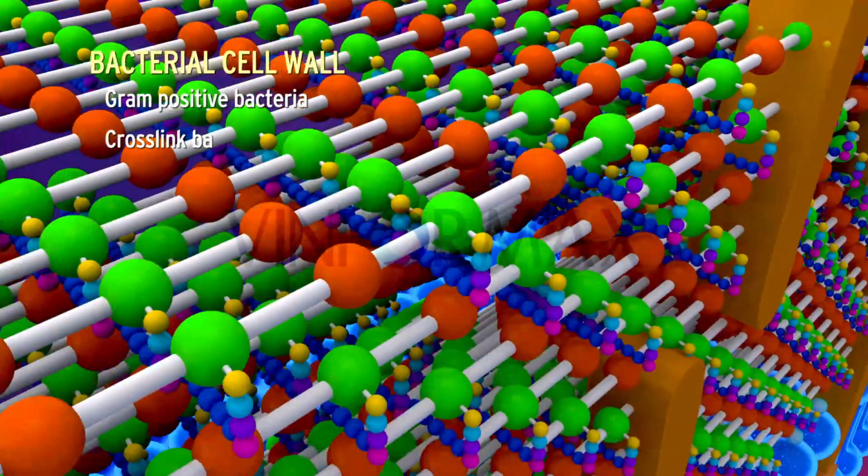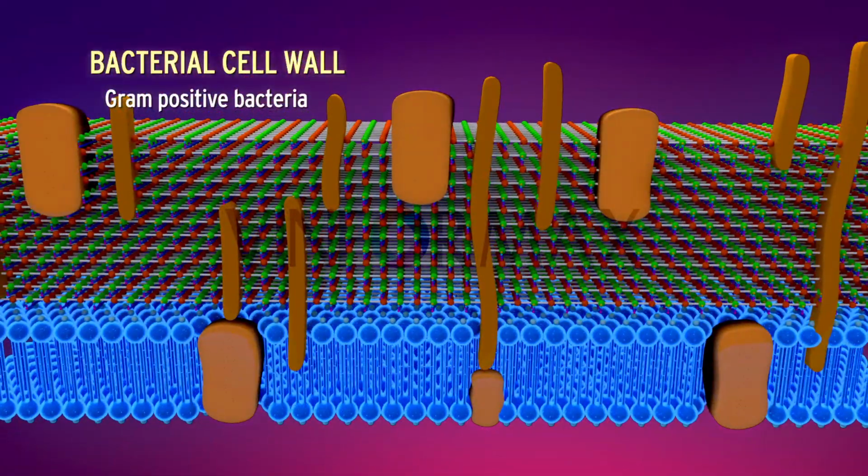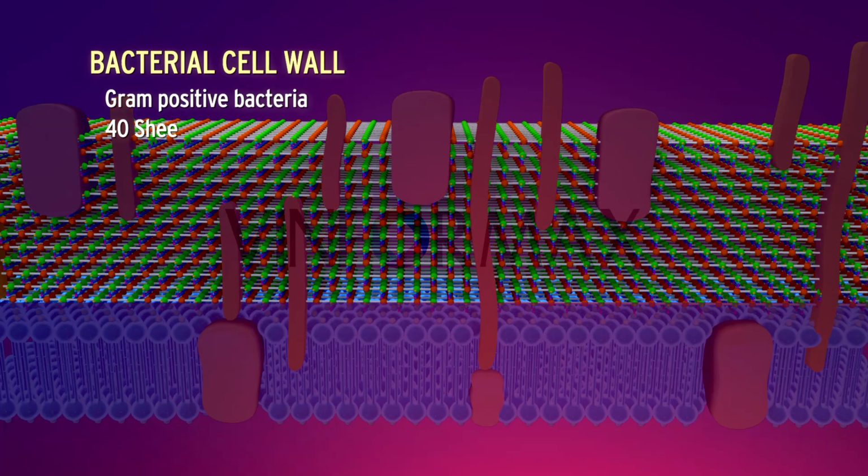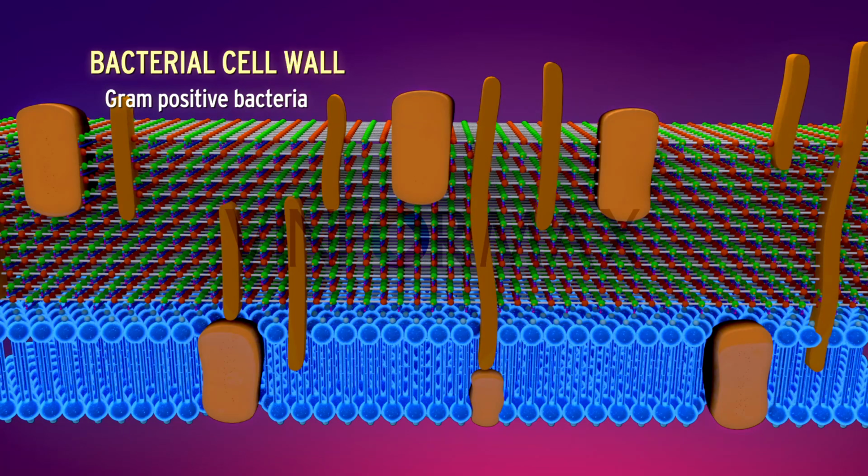that cross-link the backbone. In gram-positive bacteria, there may be as many as 40 sheets of peptidoglycan, comprising up to 50% of cell wall material. Electron micrographs show the peptidoglycan of gram-positive cells to be 20 to 80 nanometers thick.